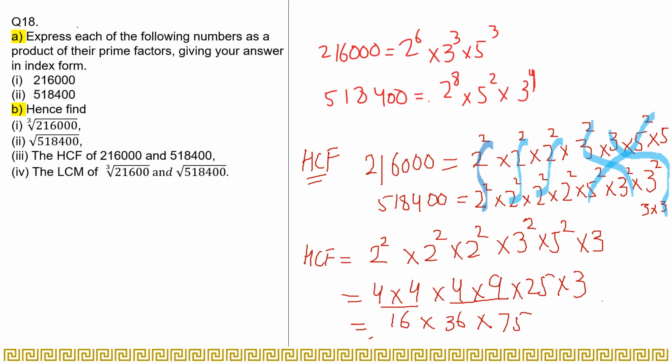And when you multiply all of these together, 75 multiplied by 36 multiplied by 16, you will get 43200. So that means this will be your answer for the HCF of these two numbers, right?